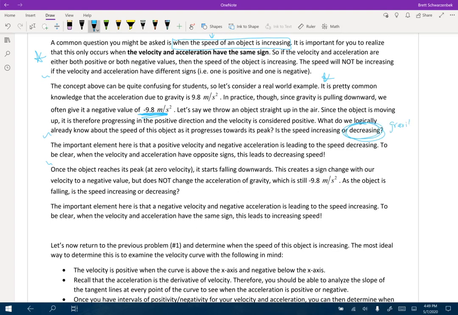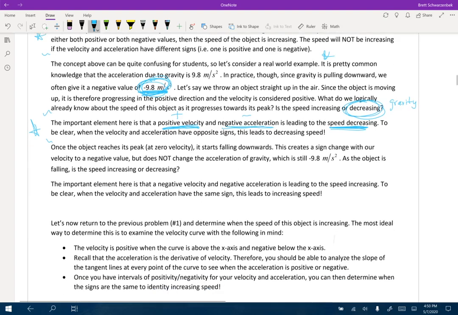The important element here is that we have a positive velocity, it's going upwards, but a negative acceleration due to gravity. Therefore, since the sign is different between velocity and acceleration, this leads to a decreasing speed. So again, if you have opposite signs for velocity and acceleration, remember we designated velocity up as positive, but we knew that acceleration due to gravity is negative, so since these are conflicting, it leads to a decreasing speed.